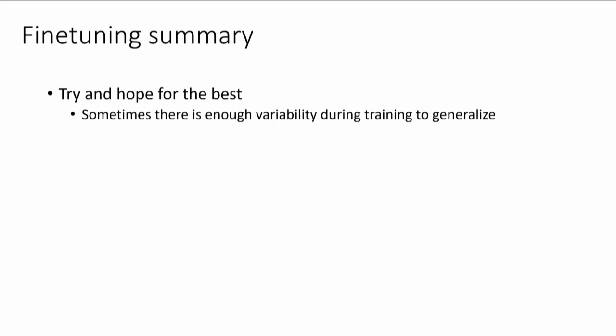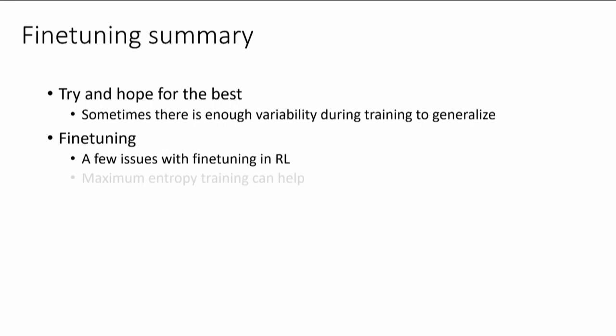Okay, so summary of fine-tuning. You could just not do it, try it and hope for the best, which sometimes works. Sometimes there's enough variability in the target domain that you just run the policy from the source domain and it succeeds. That can happen. So if you're studying transfer, try that first. You can do fine-tuning. There are a few issues with fine-tuning in RL that are a bit different than the issues with fine-tuning in supervised learning, so maximum entropy can help alleviate those issues.